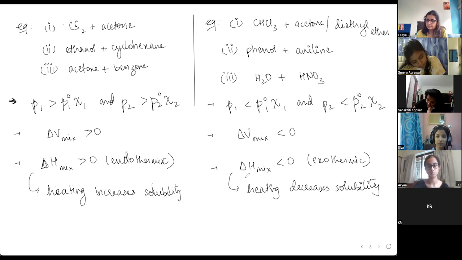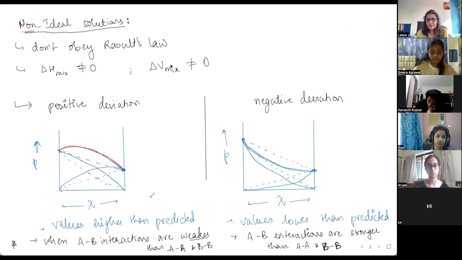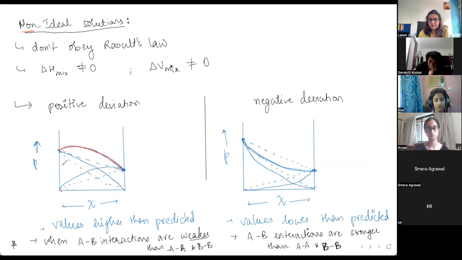Can you explain the P1 point and the delta V point? Refer to the graphs. What do you observe in the graph? What do you infer from this? So the straight line represents, if they follow Raoult's law, the graph should look like this. So this is the range of vapor pressures over this whole concentration, depending on how much of each component you have.